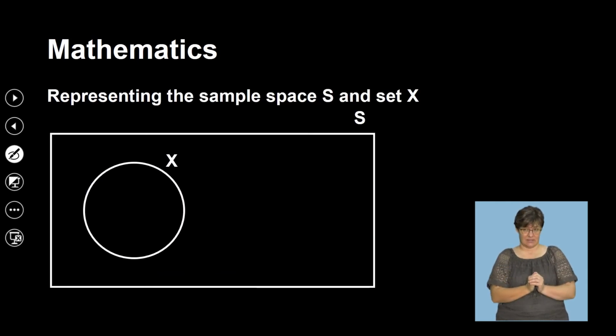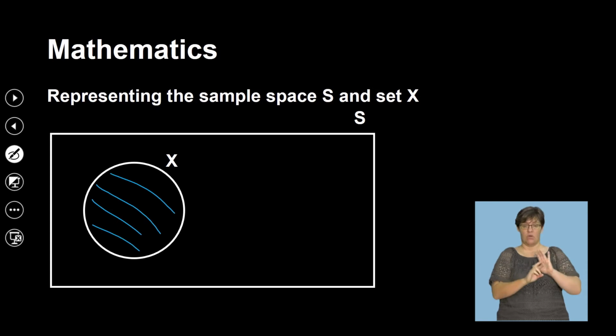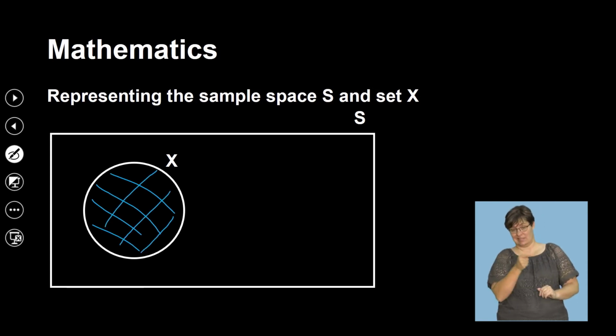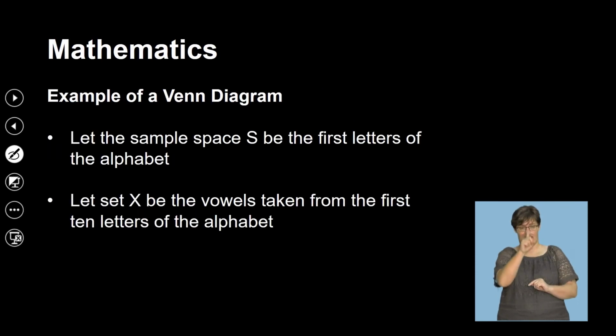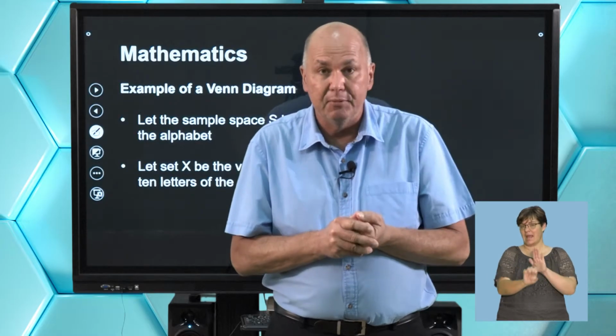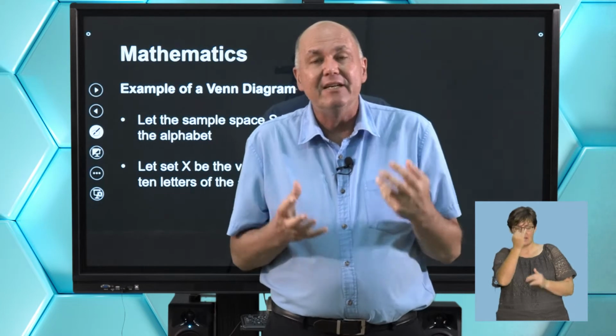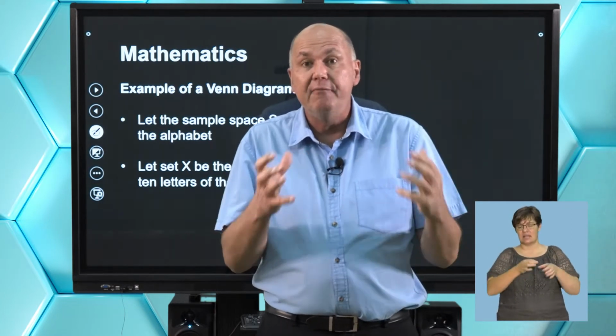And our graphic representation of the sample space and X is simply the rectangle that represents all the numbers, all the possibilities, and X here represents those that we are most interested in. So that would be the Venn diagram for X. Now, if we were going to go a little bit further, it would make sense for us to do some examples to explore this idea of the sample space and Venn diagrams.